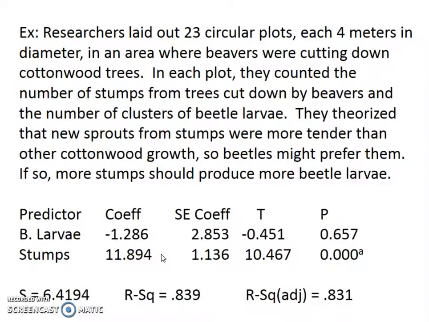Okay? Last example I want you to do, based on this scenario here, read it over, and from the computer output, let's see if we can identify our least squares regression line. Can you identify our least squares regression line from this data? Okay? All right.